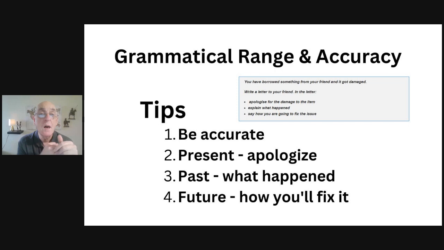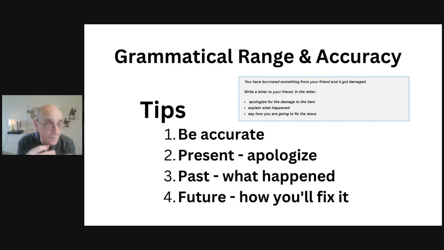First of all, apologize for the damage. When I apologize for the damage, I'm going to say, your vacuum cleaner is damaged. I'm going to use the present tense. When I explain what happened, I'm using past tense. And then if I say what I'm going to do to fix the issue, I'm going to use future.